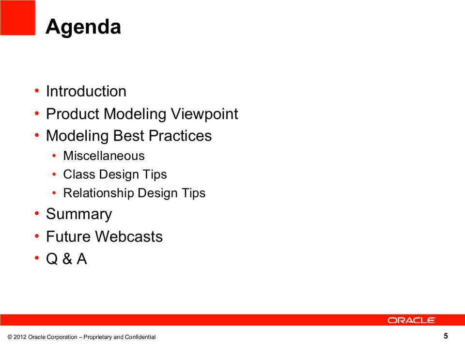And here we will talk about some miscellaneous tips about the class design and about relationship design. As you can see, there are no tips and tricks for rules or attributes or scripting or user interface. This will be covered by a second or third part. Then we will end up with a summary with some hints to the future webcast and a question and answer session. Okay, let's start.